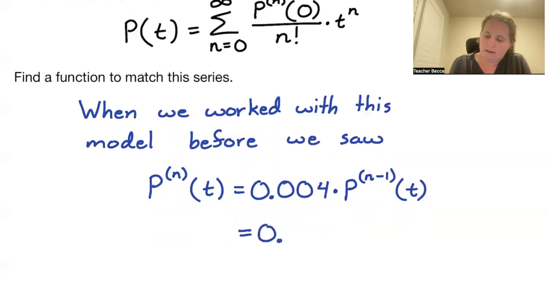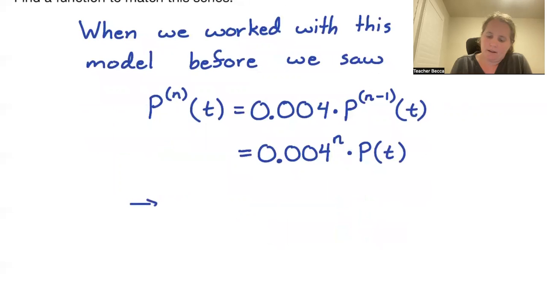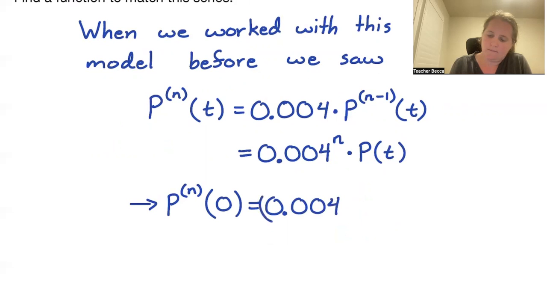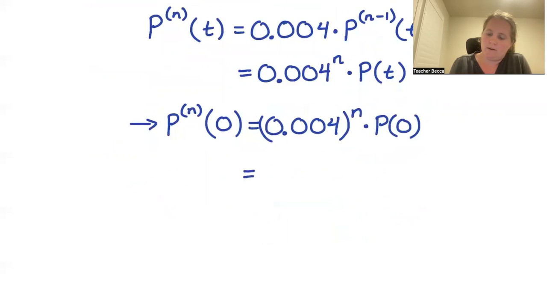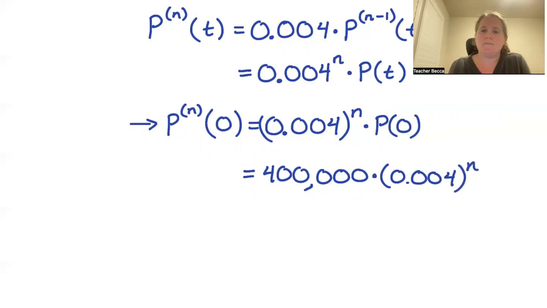We wound up just getting that this is equal to 0.004 raised to the n times p of t. So we had the nth derivative evaluated at 0 as just 0.004 raised to the n times p of 0, or 400,000 times 0.004 raised to the n.